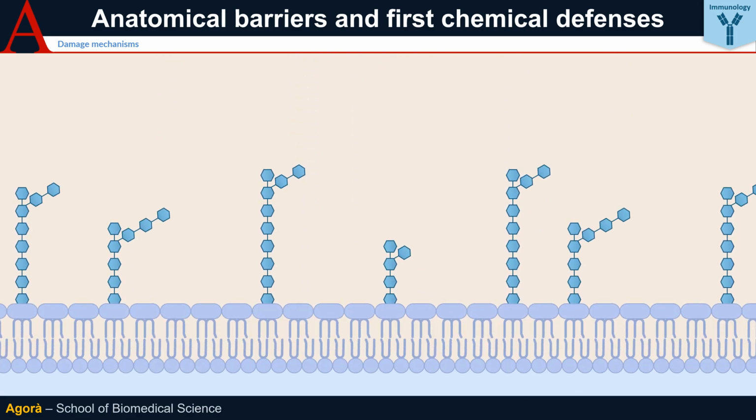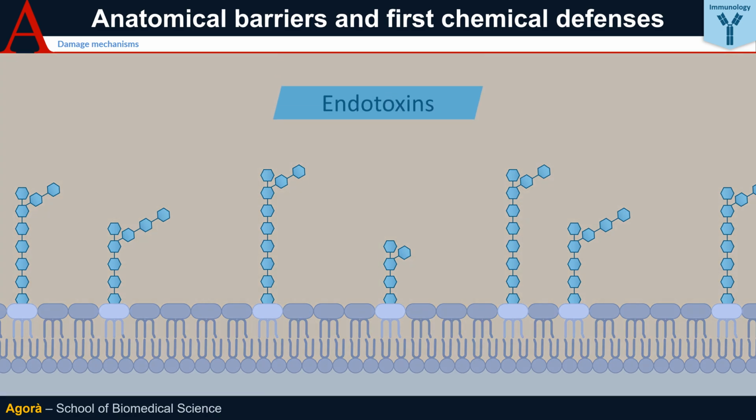Endotoxins, on the other hand, are structural components of bacteria, not secreted molecules. These are recognized by immune cells, triggering a response that drives the pathology. The most prominent endotoxin is lipopolysaccharide, LPS, a key component of some gram-negative bacteria, such as Salmonella typhi, the causative agent of typhoid fever.